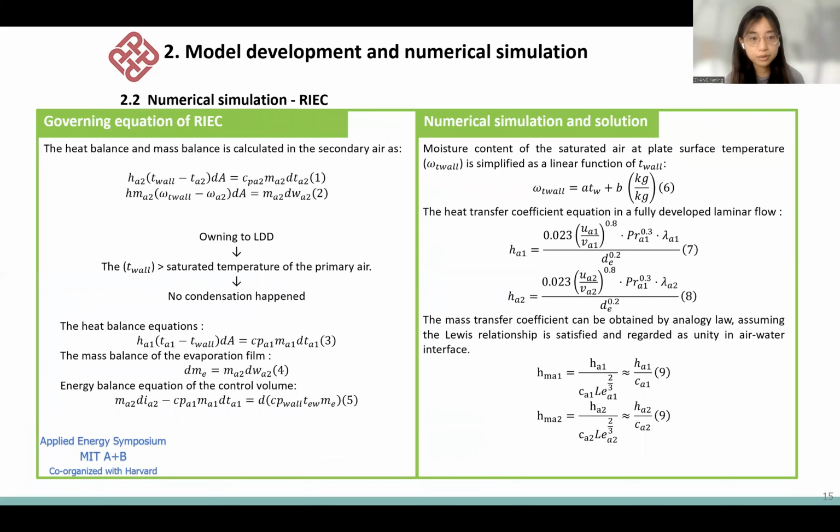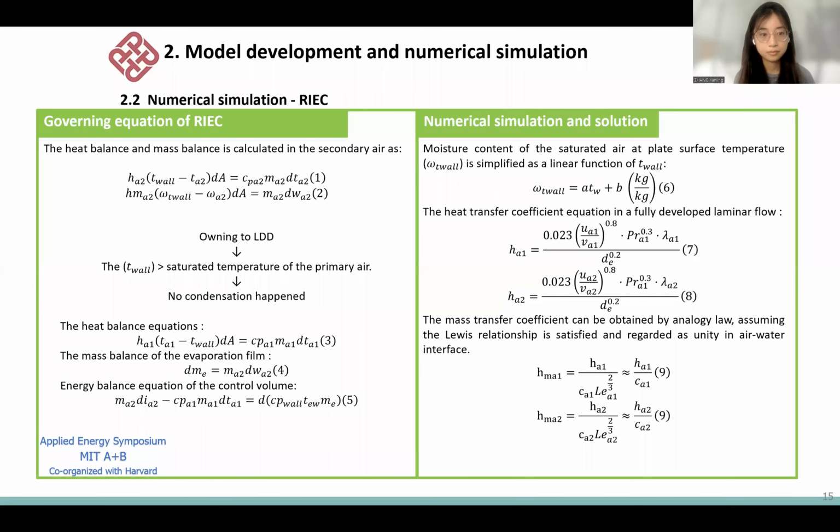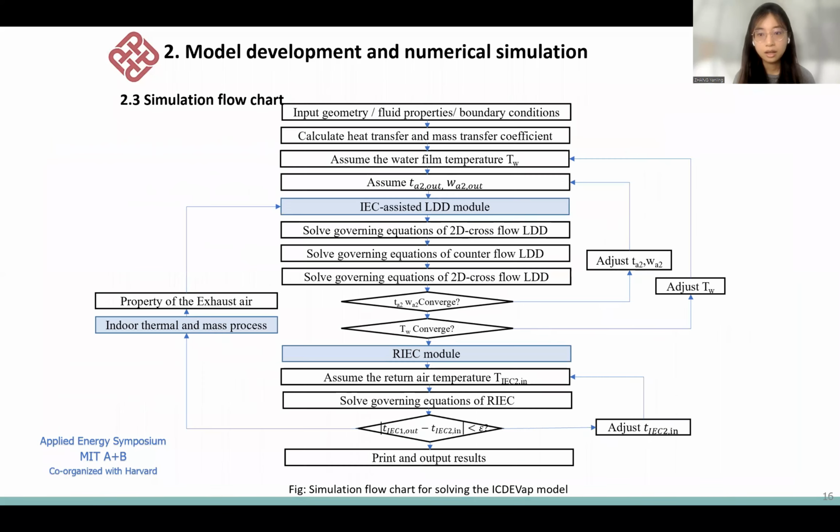Here shows the numerical simulations for RIEC with the governing equations and numerical simulations of primary and secondary channels. It starts from inputting the parameters and adjusting the assumed water temperature, secondary air temperatures and moisture content.